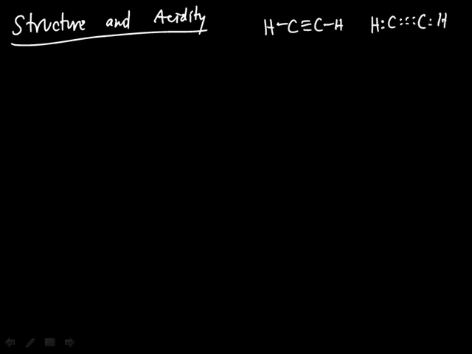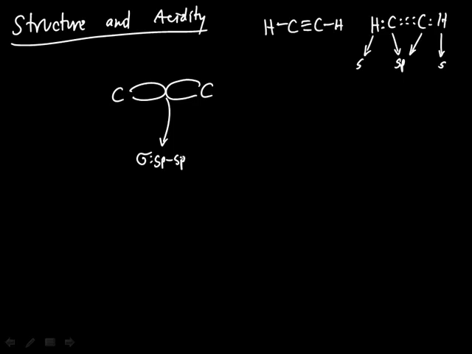In this molecule, the carbon atoms are sp hybridized, while the hydrogen electrons are kept in s orbitals. The overlap between two sp orbitals forms a sigma bond, and the remaining sp orbital on each carbon overlaps with a hydrogen s orbital to form another sigma bond.